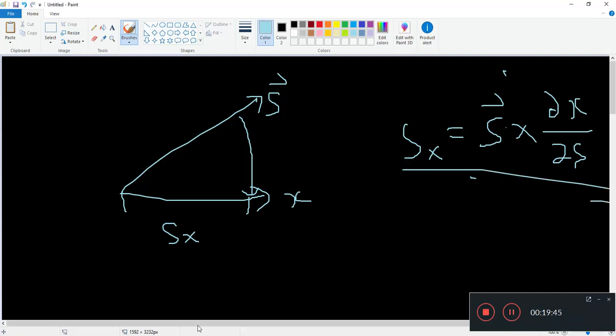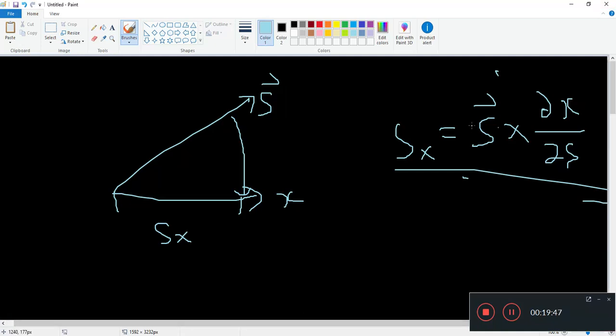But what we must know, of course, is that this is a position vector. As we define it, it's a vector component of a unit vector, right? So this is actually a unitless thing.